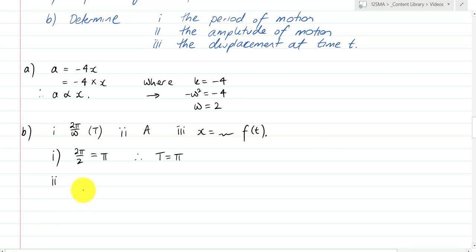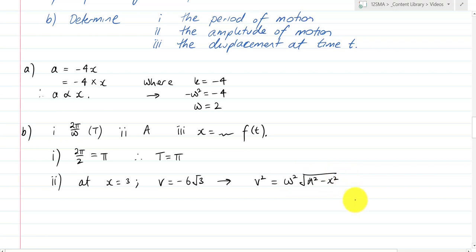2, I want to find the amplitude. Now, the interesting thing here is that I know at x equals 3, velocity equals -6√3, and I know that velocity squared is equal to omega squared times (a squared minus x squared).